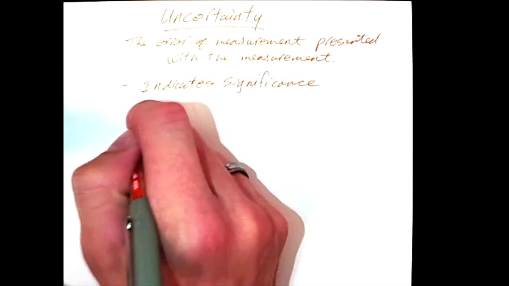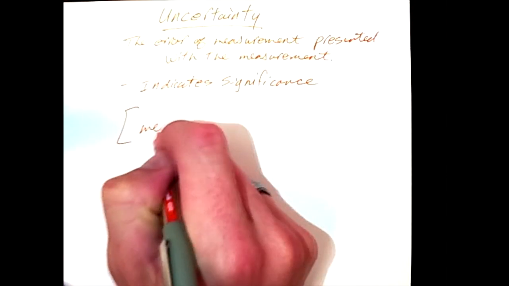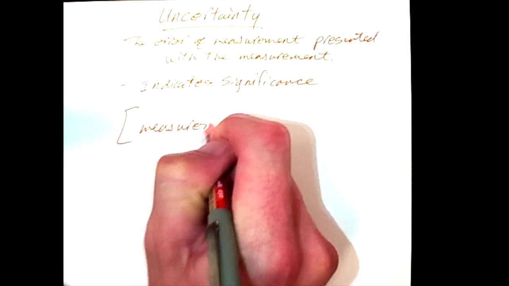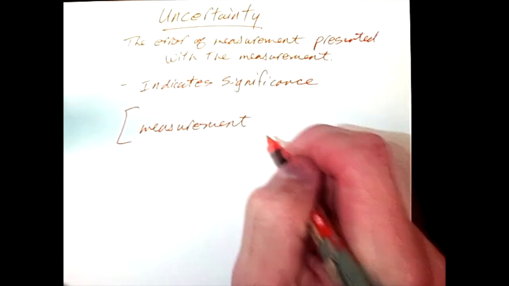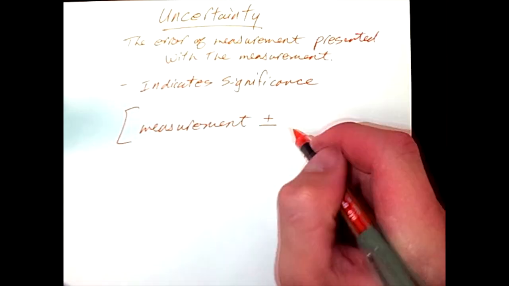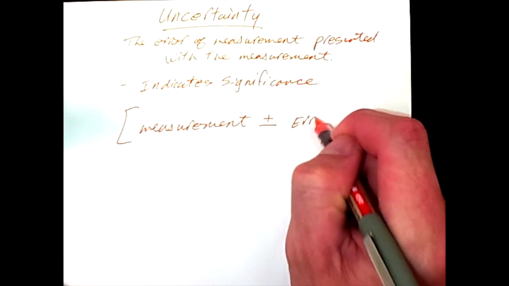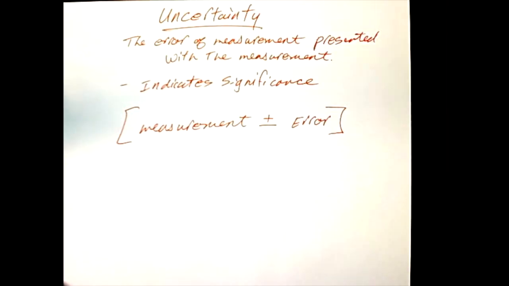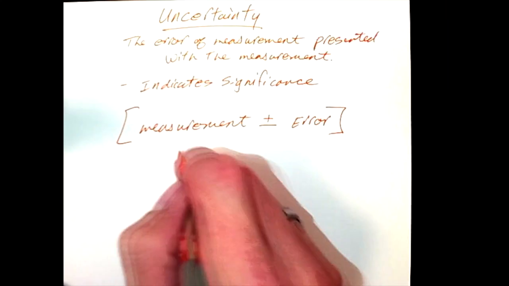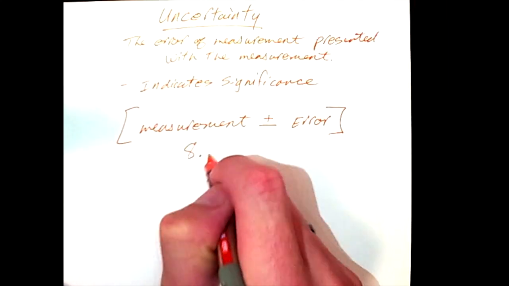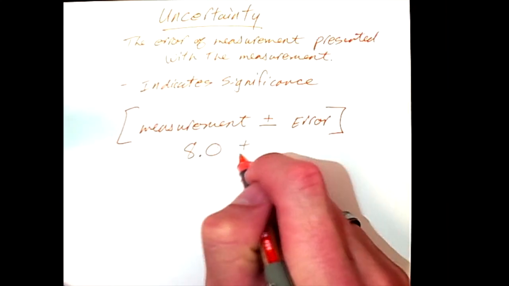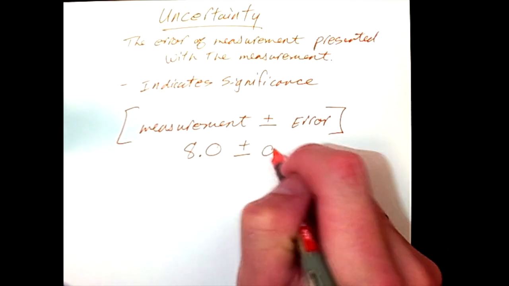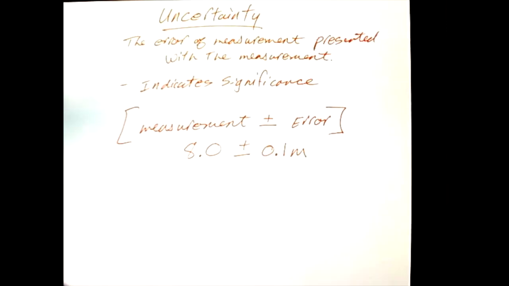Generally, this would look in a more general format. You would take the actual measurement that you've used your device to do. You would indicate it as a plus or minus and then tack the error on at the end. So a typical example would be something like 8.0 plus or minus 0.1 meters.